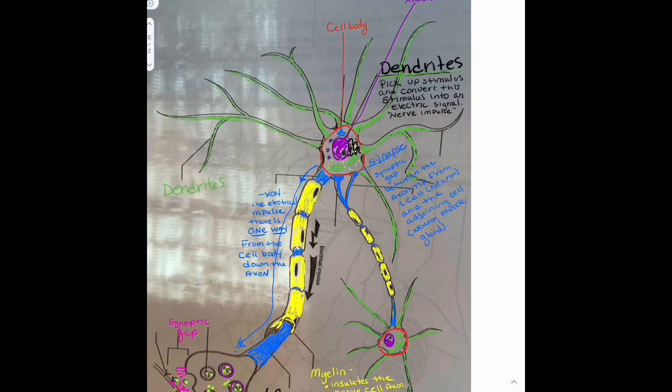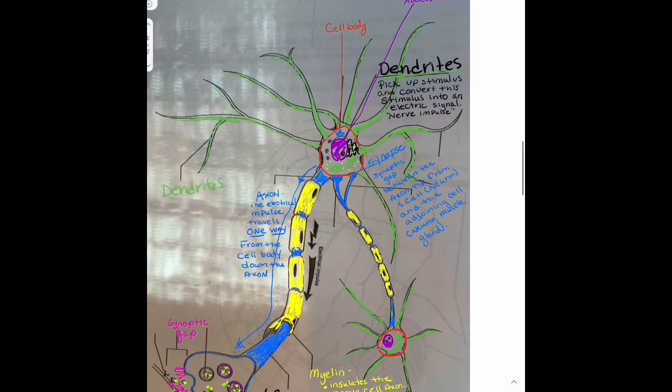The electrical stimuli reaches the axon and it travels down the axon to the axon tip. When that electrical stimuli reaches the axon tip, it triggers the neurotransmitters to be released into the synaptic gap. Those neurotransmitters are chemicals. Those chemicals then cause an electrical response in the cell adjacent to it on the other side of the gap.